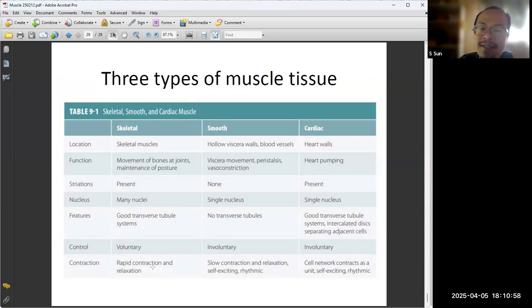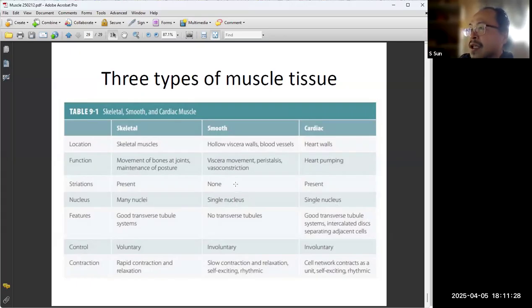Even though we know that there are fast-twitch muscles and slow-twitch muscles. Smooth muscle contracts slower. They are in our visceral organs, including the blood vessels and the digestive tracts. This control is involuntary, and cardiac muscle is also involuntary. They are controlled by the autonomic nervous system. Smooth muscle does not have striation and has a single nucleus, like cardiac muscle.